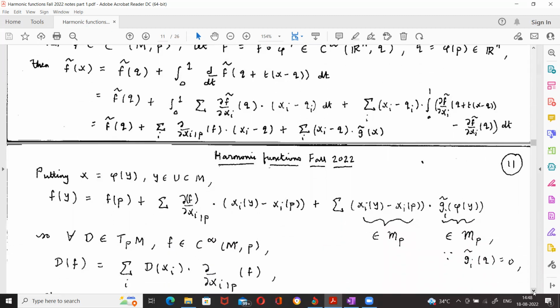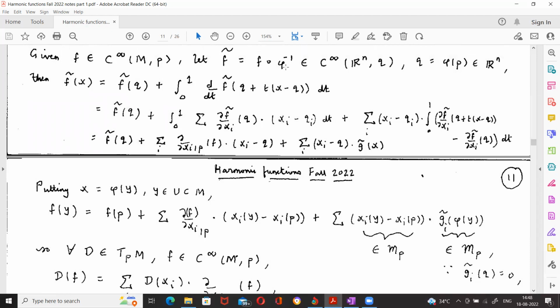So I have this expansion of f tilde, and from this I get an expansion for f, right? f tilde is f composed phi inverse. That means f is f tilde composed with phi. So if I put x equal to phi of y, where y is in the chart U near p, then I get that f of y will be f of p plus sum over i del del xi of f into xi of y minus xi of p, right?